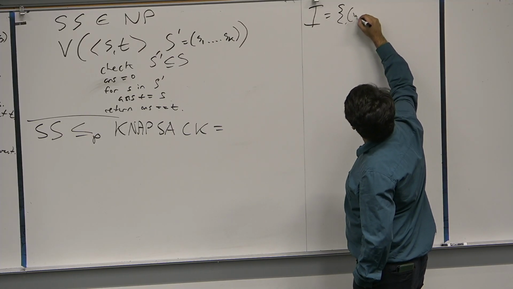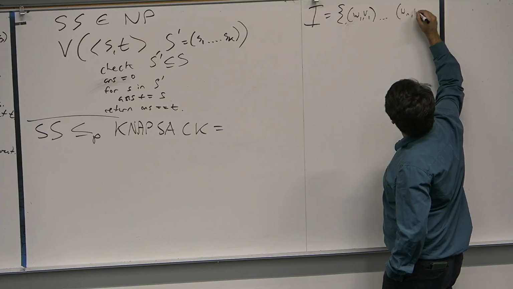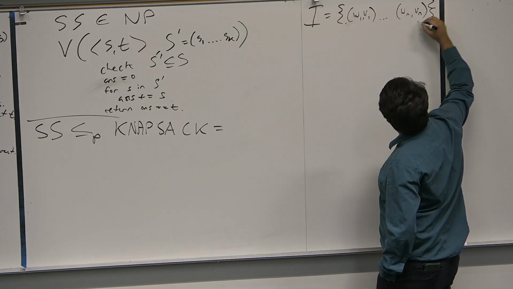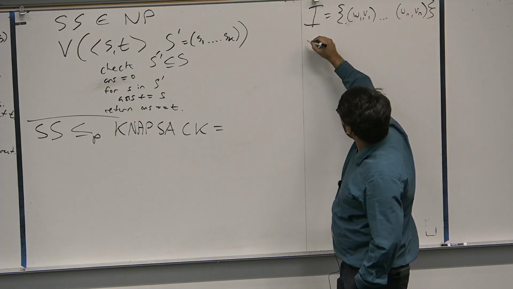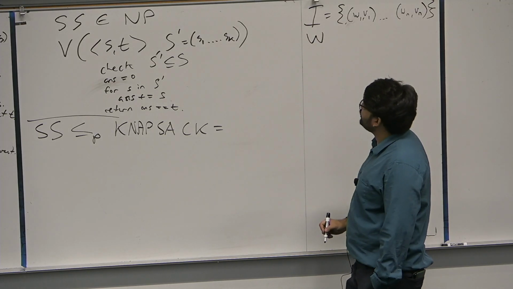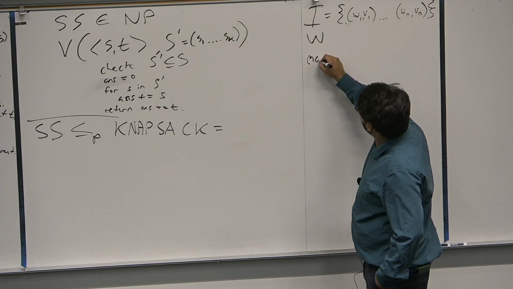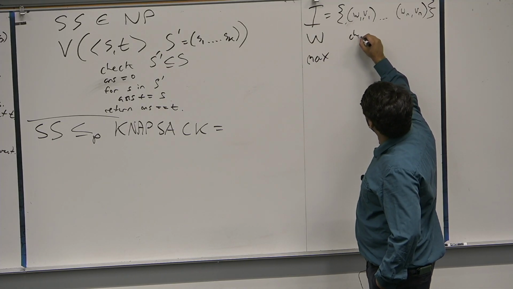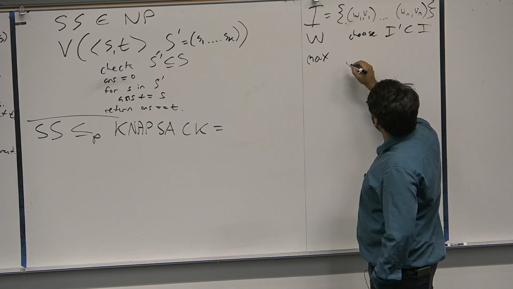We'll say W1, V1 to Wn, Vn, right? And what else is given as part of the input to knapsack? Capacity W, okay? And we search for what? Max value under capacity.